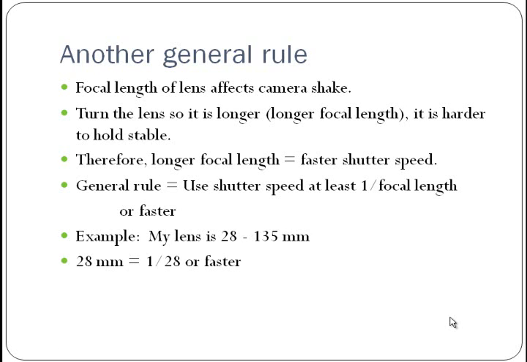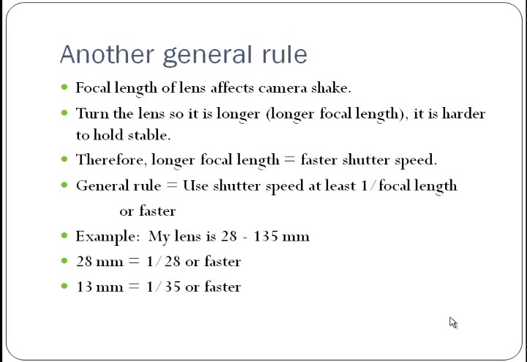So if my lens is in that position at 28 millimeters, I might be able to hold it steady at 1/28th of a second or faster. But if I zoom that out, oh, I have an error there. It's supposed to be 135 on each of those numbers. So 135 millimeter equals 1 over 135 or faster.